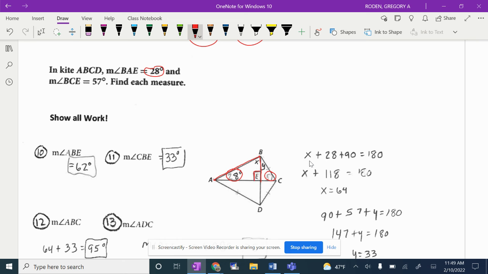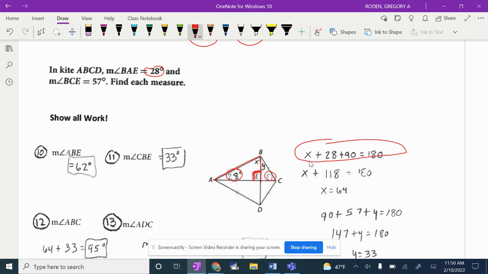Kites' diagonals are perpendicular. Just like rhombuses, and we've talked about this, kites have perpendicular diagonals. And that's very important. So now you can say that this angle E is a right angle. So we can write this equation and figure out what angle X, ABE, is by adding up and setting it equal to 180.